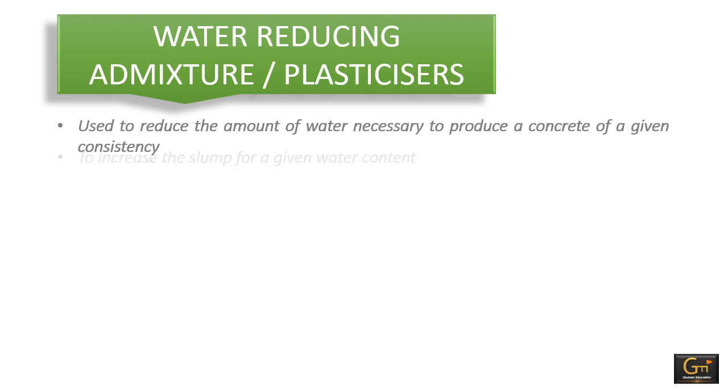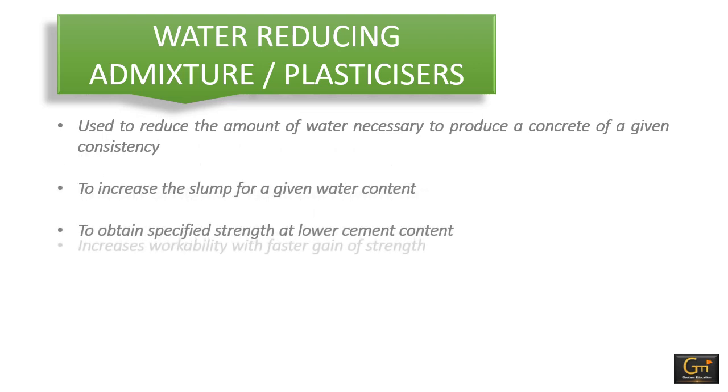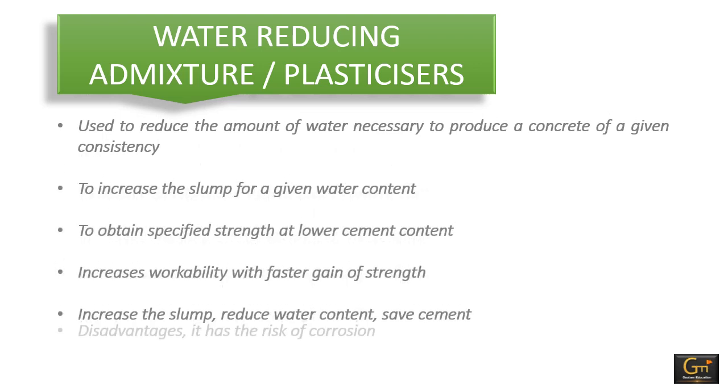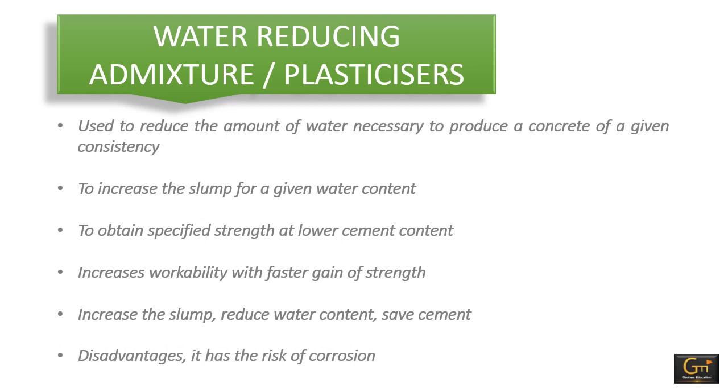Water reducing admixture, which is also called plasticizer. The principal role and mechanism of water reduction and set retardation of these admixtures: they are usually composed of long chain organic molecules that are hydrophobic at one end and hydrophilic at the other end.